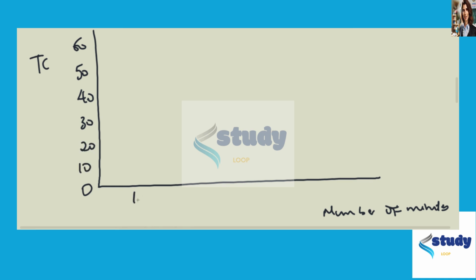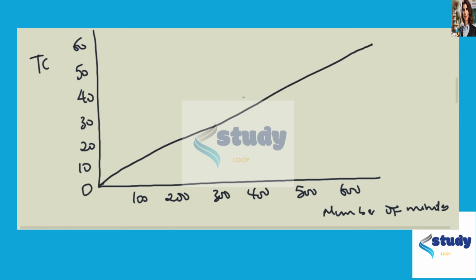Plan A is basically going to be a straight graph. I might not draw exactly, but if you follow what the table shows you, it's going to be a straight graph, and this is plan A.